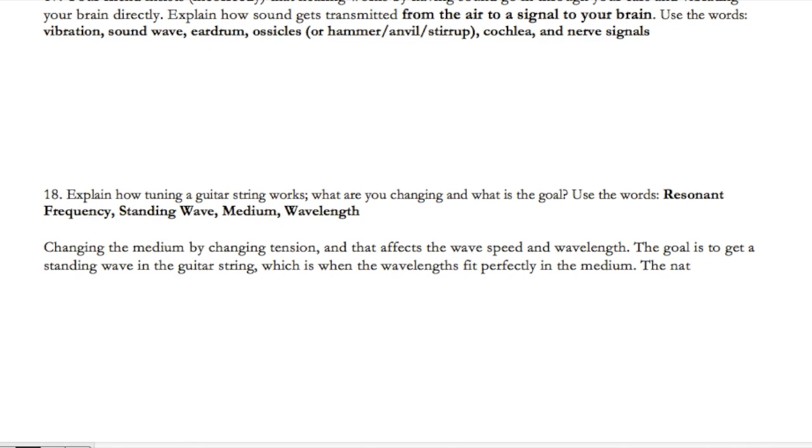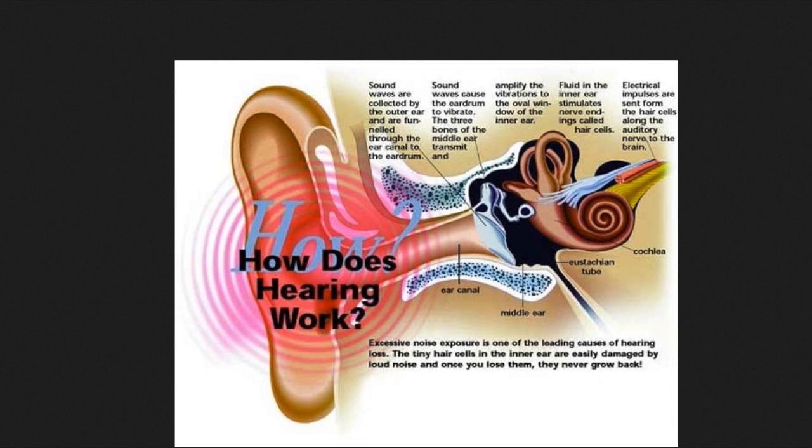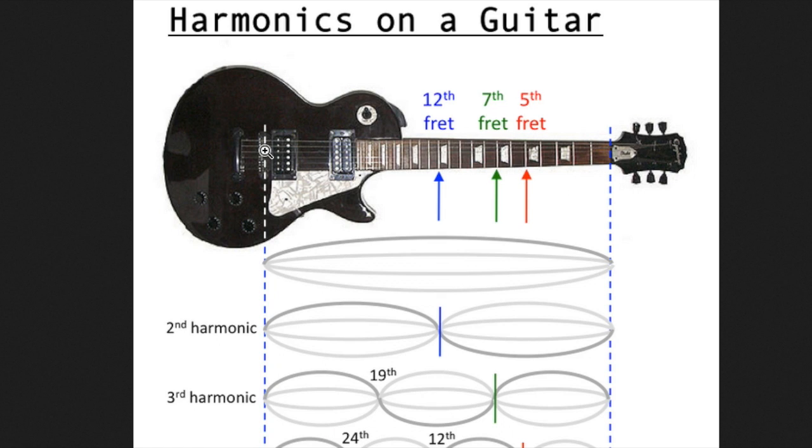The natural frequency of a guitar string matches the resonant frequency when it's in tune. So see how I've used all the words just that quickly. The goal is to get a standing wave in the guitar string, which then the wavelength fits perfectly in the medium. So here's a picture of how a guitar string does different standing waves. Like the frets are designed. So once it's tuned, if you push down right here, you're going to get a different wavelength of wave fitting in there. And that means a different frequency. And so you'll be able to get what you want.